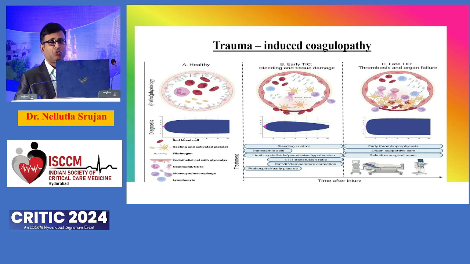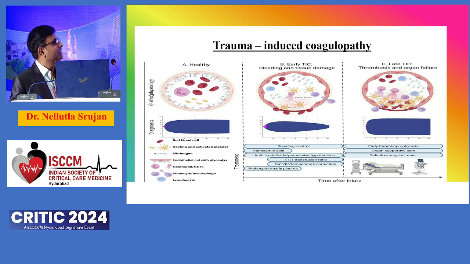So what I was talking about mostly is trauma-induced coagulopathy. This plays a major role, and that's where your TEG plays a major importance over other coagulation tests. In the early TIC, trauma-induced coagulopathy, there will be bleeding and tissue damage, and this will be a hypocoagulable state.